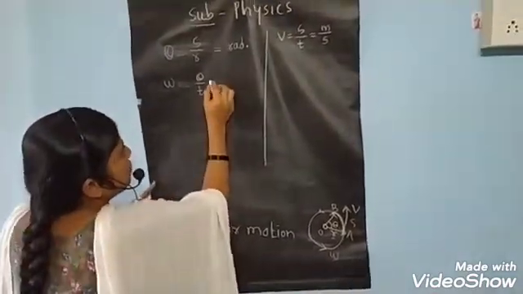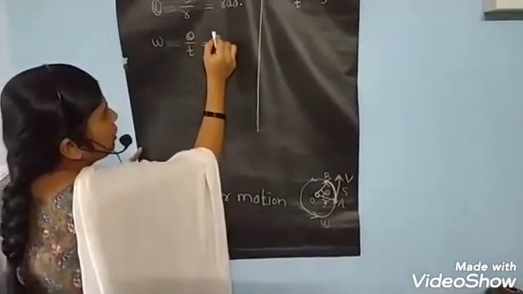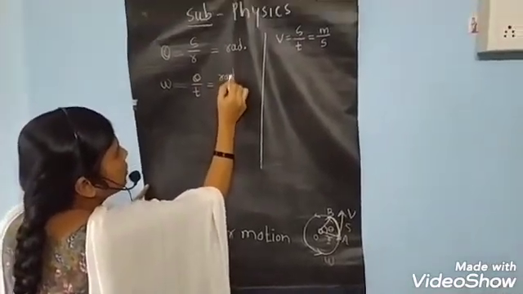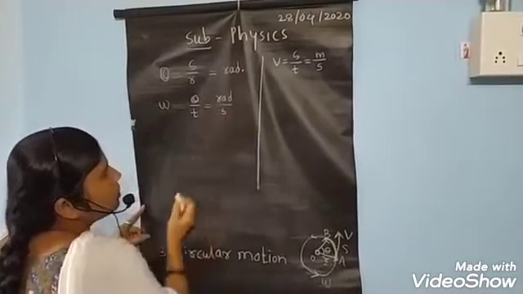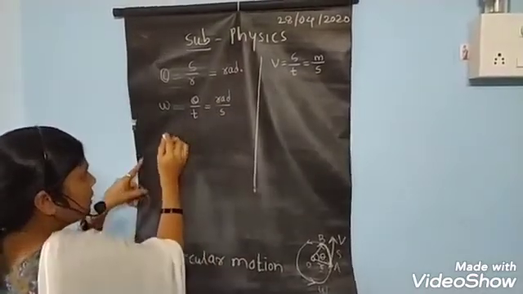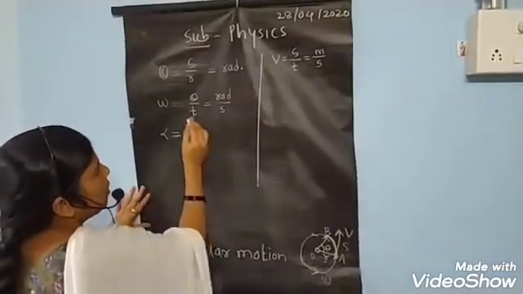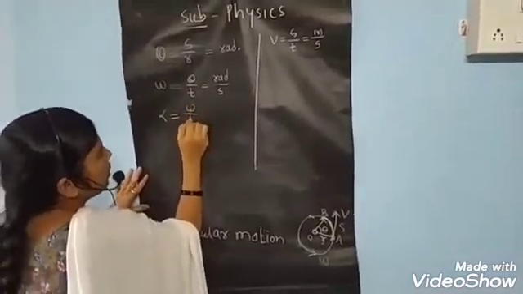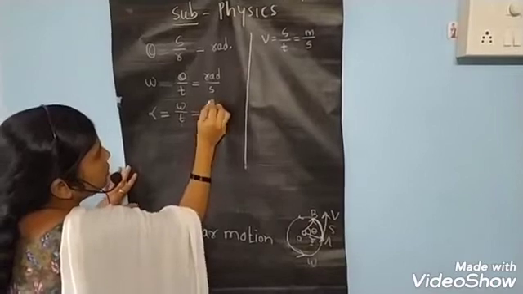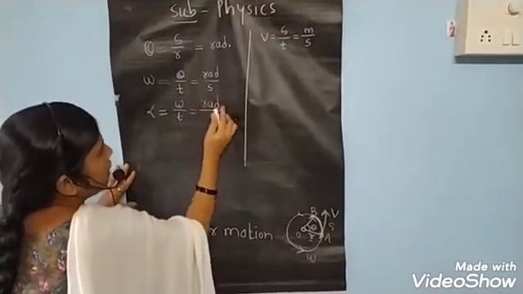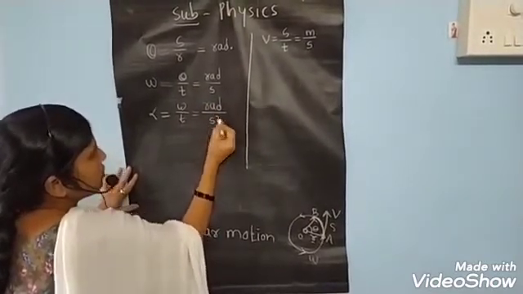Its unit is radian per second. Similarly, we find the angular acceleration, which is given by alpha. Alpha is equal to omega upon t, and its unit is radian per second square.